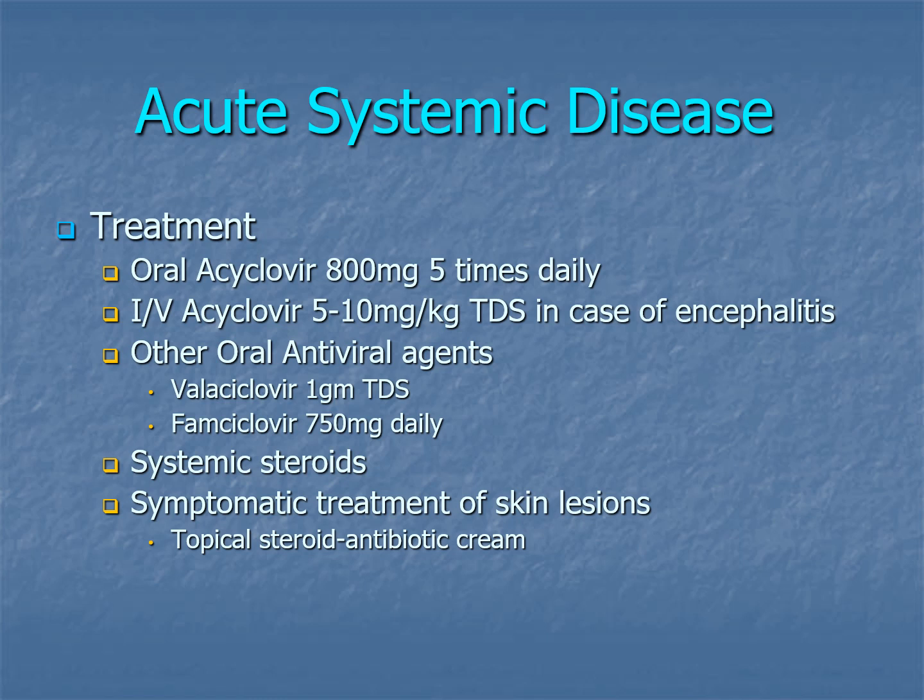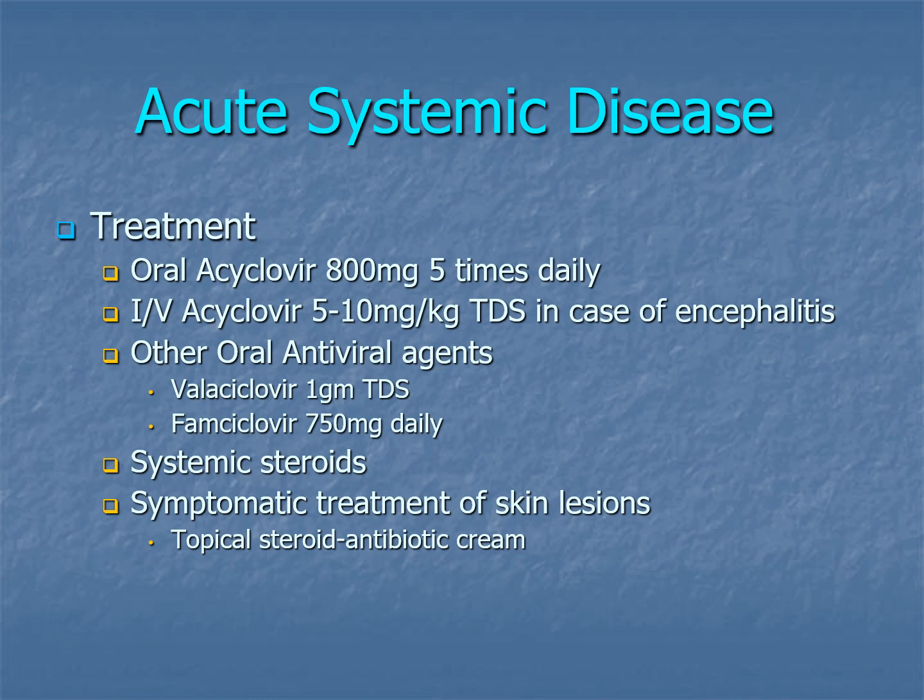So what is the treatment of acute systemic disease? You always treat with oral acyclovir or an antiviral systemically. In case of herpes simplex keratitis, you may not use systemic acyclovir, but here the systemic use of acyclovir or antiviral is a must.